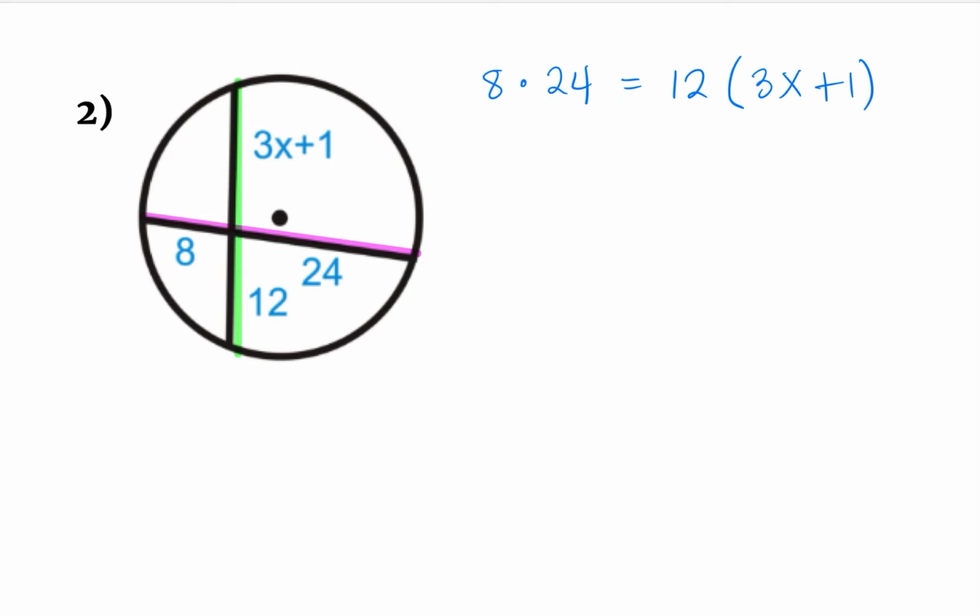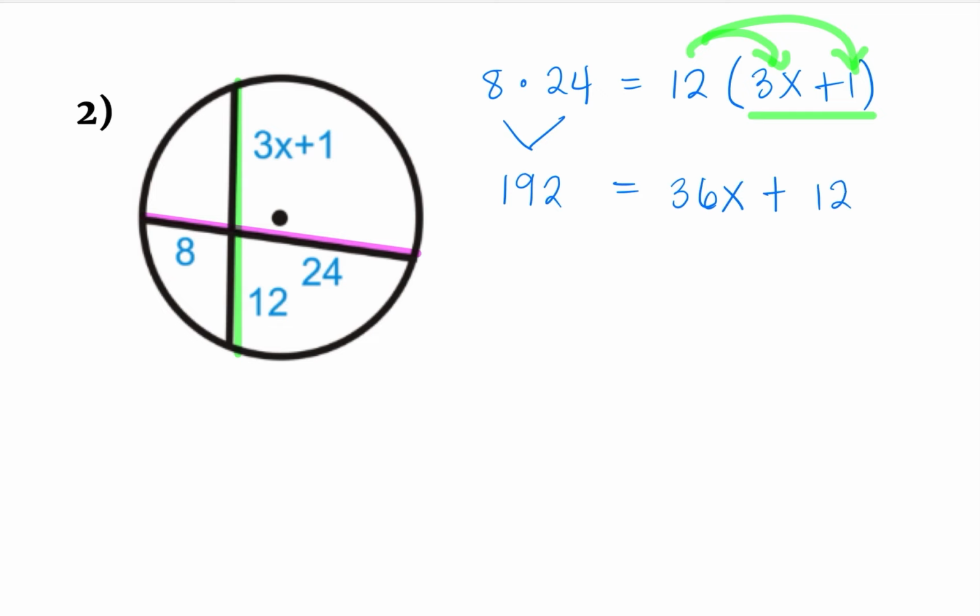So we have a binomial in this side of the equation. So we're going to distribute the 12 to each of these numbers inside the parentheses. But before that, let's multiply 8 times 24. That is 192 equals 12 times 3x is 36x plus 12.